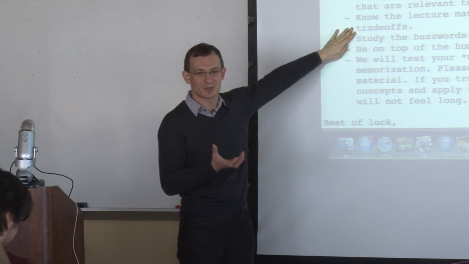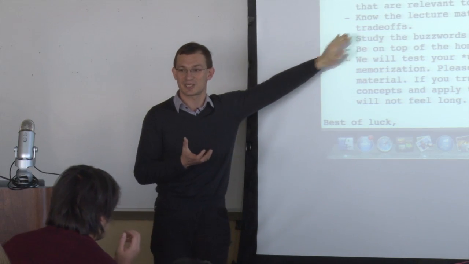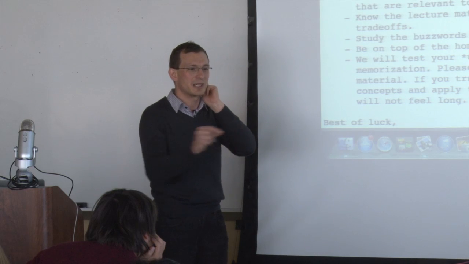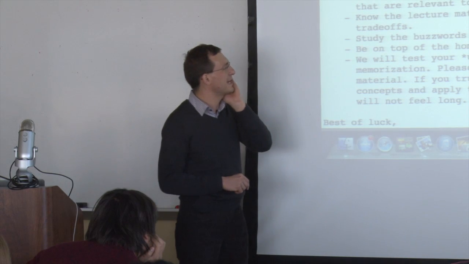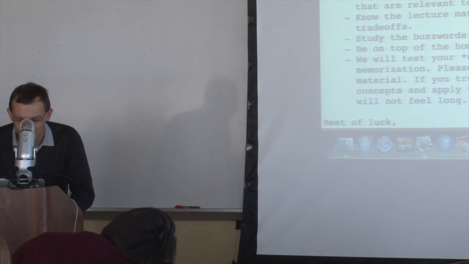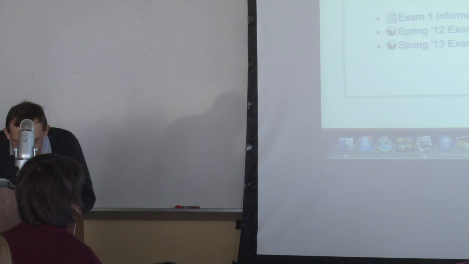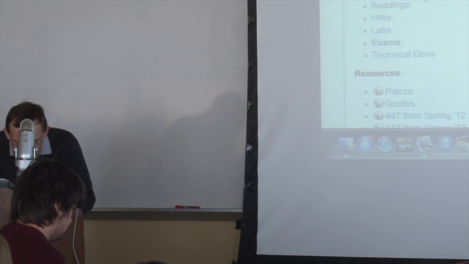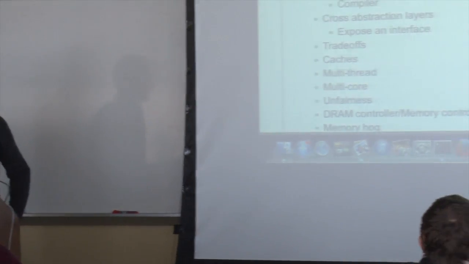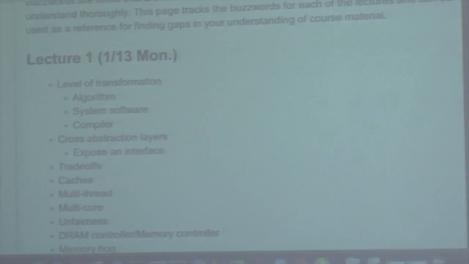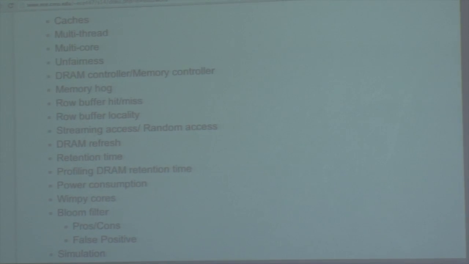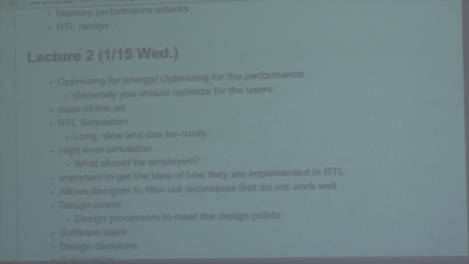Trade-offs are the soul of this course, as I discussed in the earliest lecture, right? The ability to make those trade-offs and figure out what's going on in a machine will be what we will ask. There are also buzzwords on the website, if you haven't realized that until now. They're still on the website, right? If you go to lecture buzzwords, this would give you a quick idea of what each lecture covered without going through all of the slides. So lecture 1, for example. And these could be things that we could ask you because we've covered them in the lecture.